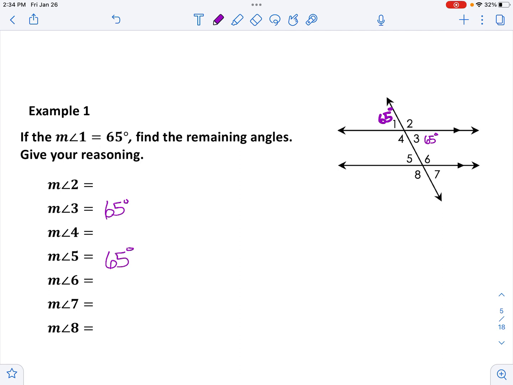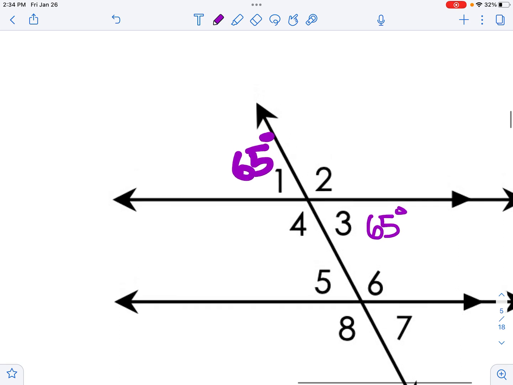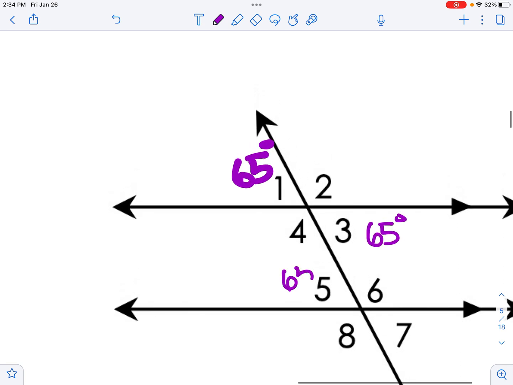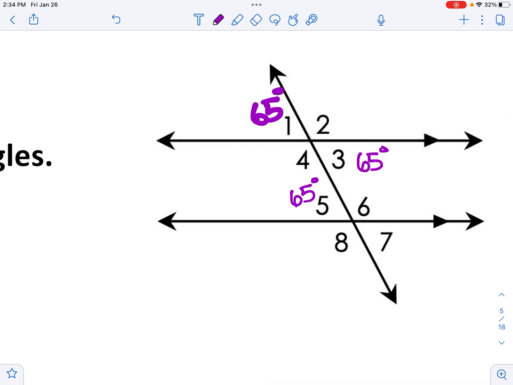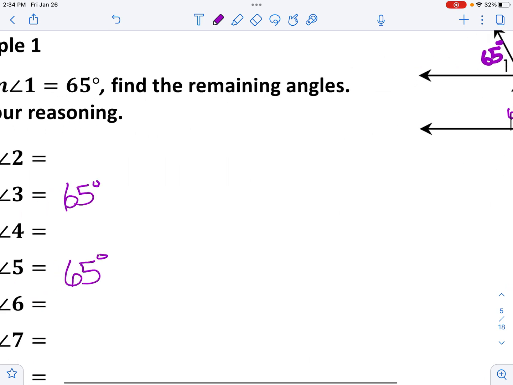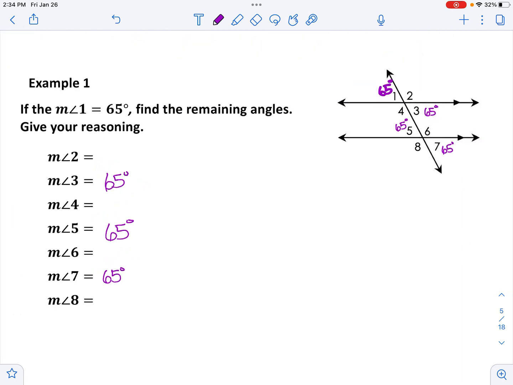I'm going to put that there as well. So I know that this is also 65 degrees. Maybe I'll just zoom in here a little bit. Now, I know that 7 then is also 65 degrees because that's a vertical angle. So there we go. Now, I know some already.